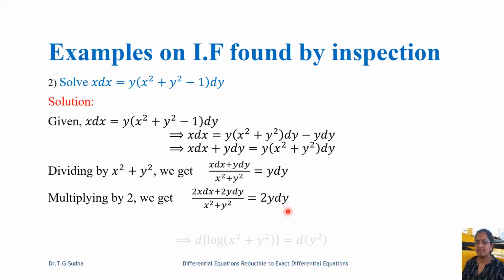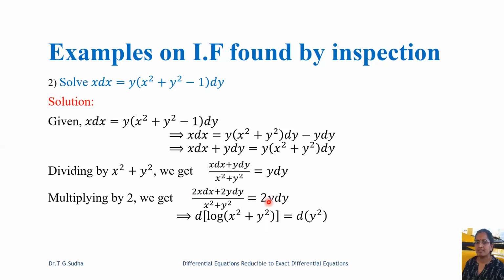Why we did this is because we can write this as d of log of x square plus y square. Suppose if we did not multiply by 2, then we need to write half log of x square plus y square. Since we have multiplied by 2, we can write d of log of x square plus y square.